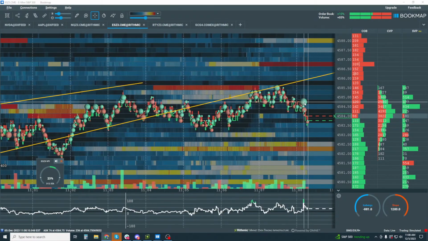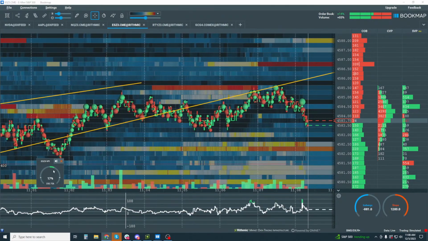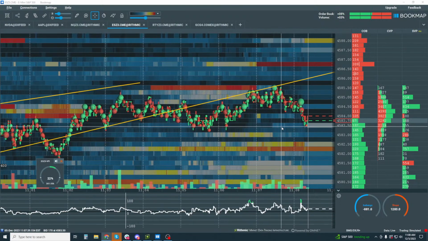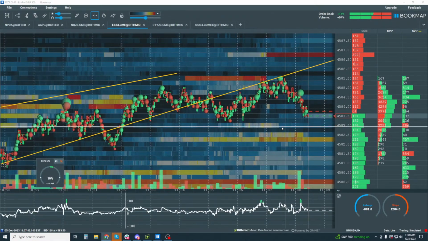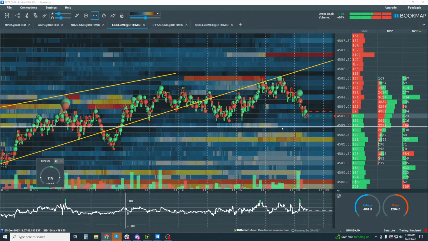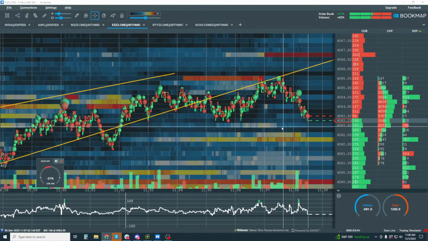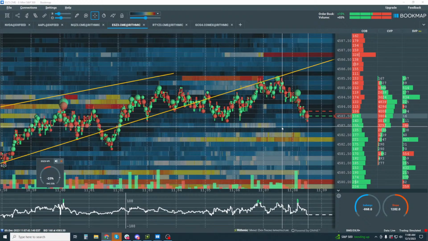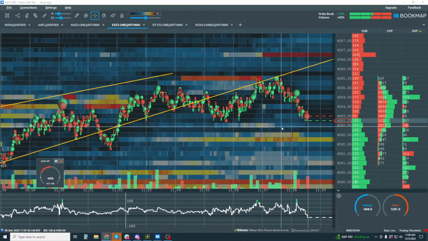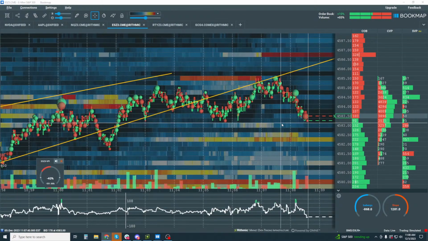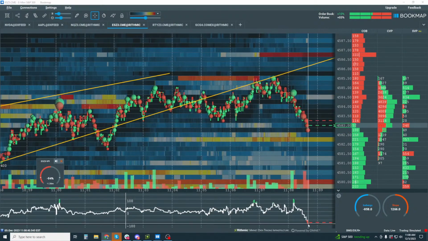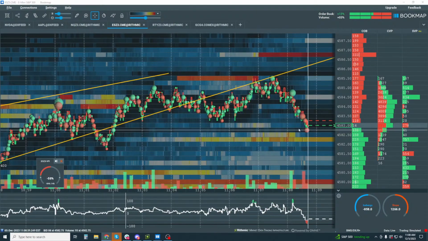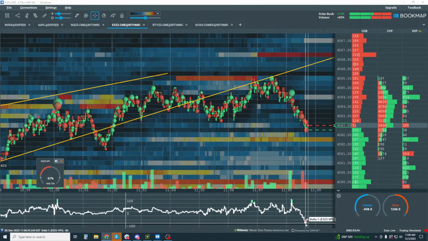That's not where we want to see it though. Okay, well, we get a strong reading back down below this range now on the sell side.